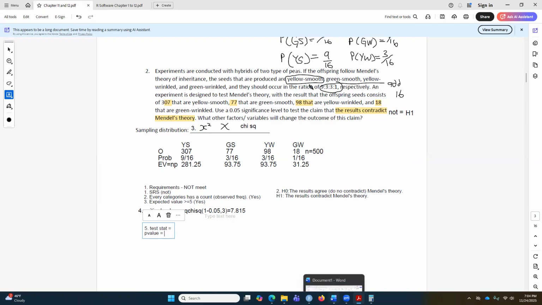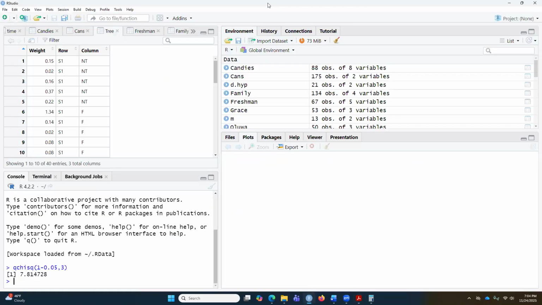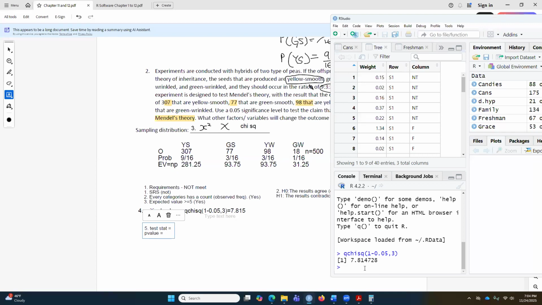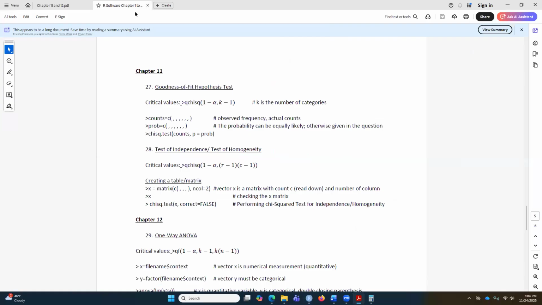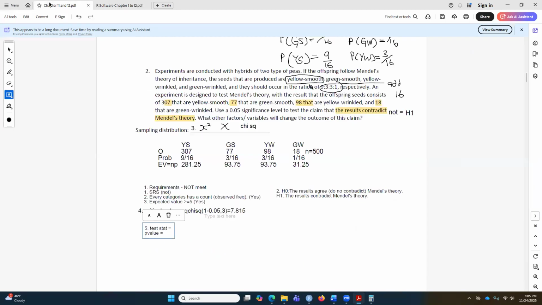Okay. So I'm gonna pull up my RStudio here. Move it down a little bit here so we can see. So first, your counts, which, if you refer back to your RStudio cheat sheet or the previous page, are the ones that you type in here.